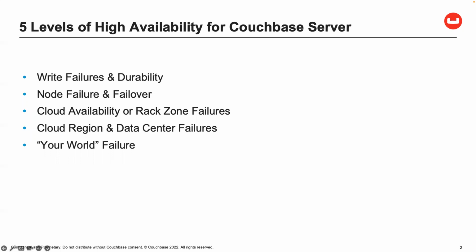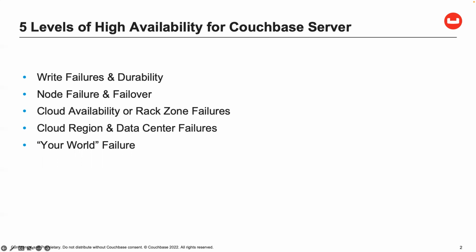So making sure that your cluster is fully operational for your applications in the event that either one of those happens. And fourth is around losing an entire cluster. How can we provide high availability to all of your clients if that should happen, whether it's a data center failure or a cloud region failure of some kind.